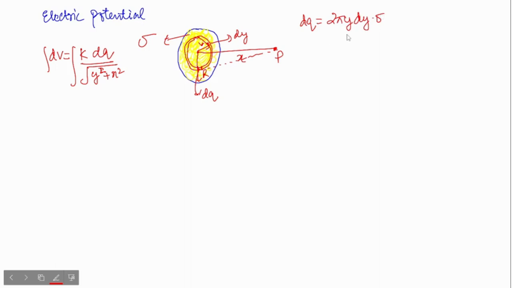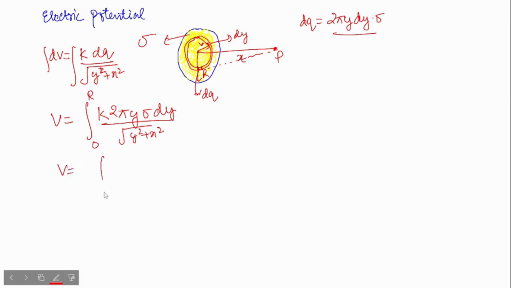This is dA, and sigma into dA will be dq. You need to put this dq in this equation. So V is equal to K 2 pi y into sigma into dy upon root of y square plus x square, and y is varying from 0 to r, right?